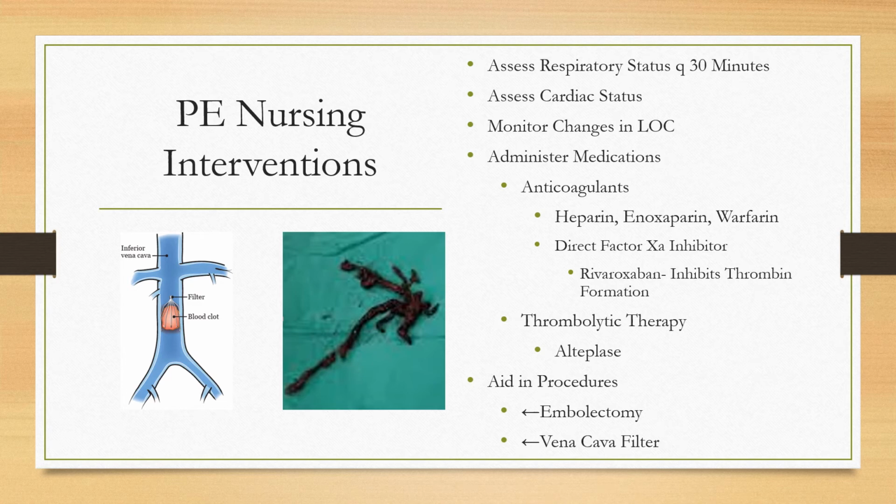Once we administer them, we want to tell them: if you have bleeding in your gastrointestinal system, such as melena or vomiting blood, or excessive bruising and bleeding, you need to let us know. Okay? So all these anticoagulants, it's always the same thing. It's all about bleeding risk.